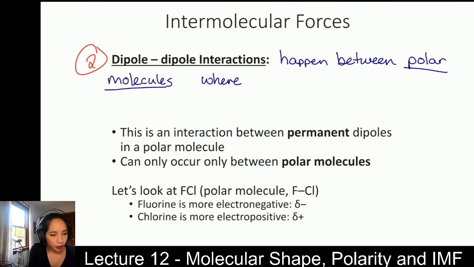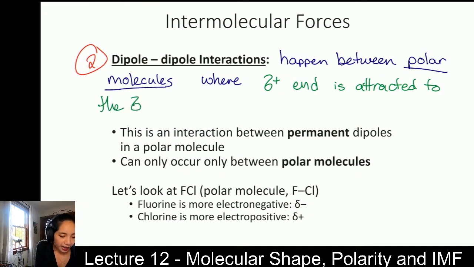So let's just get through the definition. This type of interaction will happen only between polar molecules, where the partially positive end is attracted to the partially negative end of another molecule.